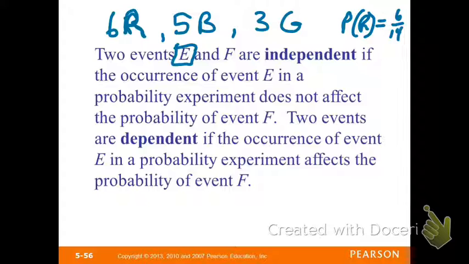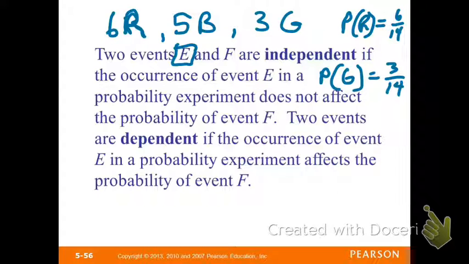Let's say that event F is the probability of drawing a green marble after drawing a red marble. If we draw the red marble and then replace it, if we put it back in the bag, then the probability of green is going to be 3 out of 14.